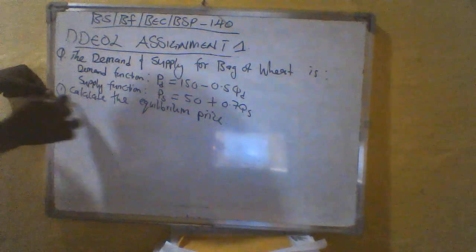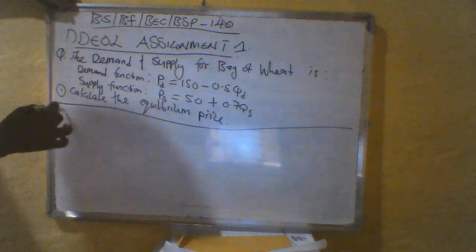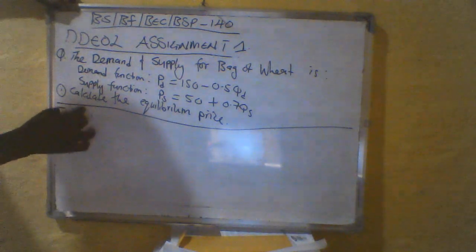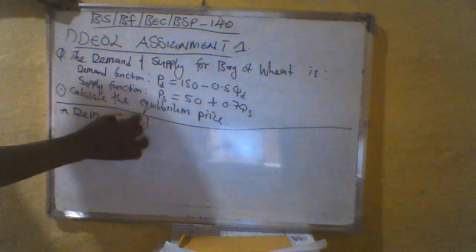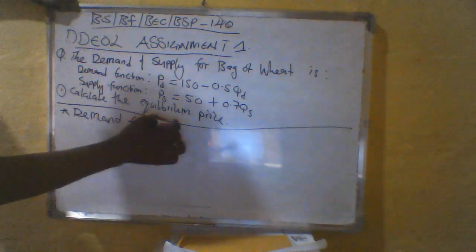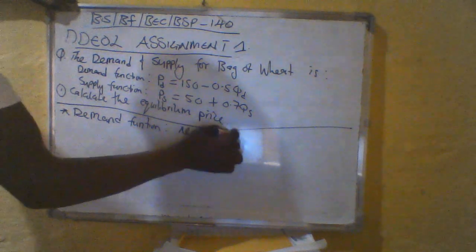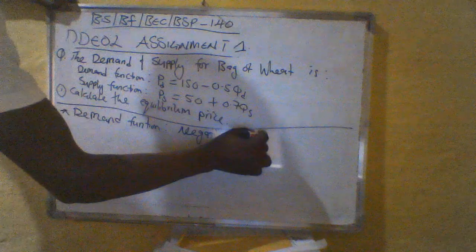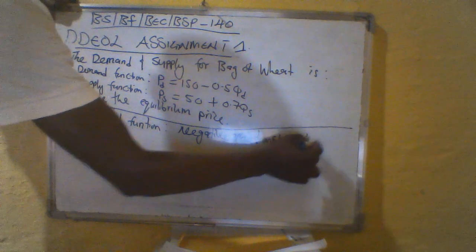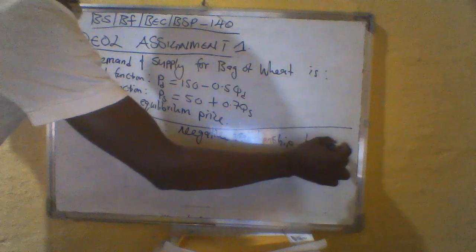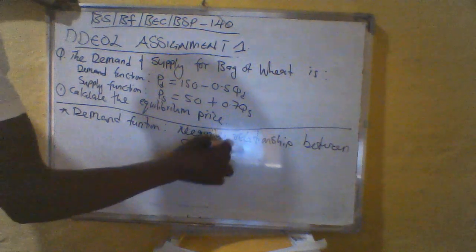So even before we start solving here, I want us to understand that the demand function is a function that explains a negative relationship that exists between the quantity of demand and the prices.